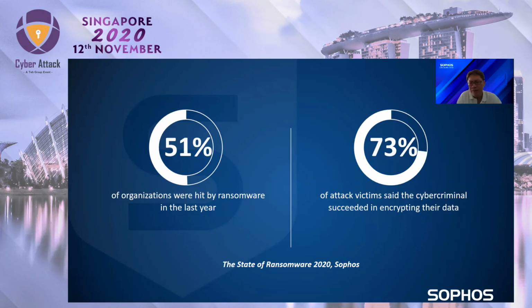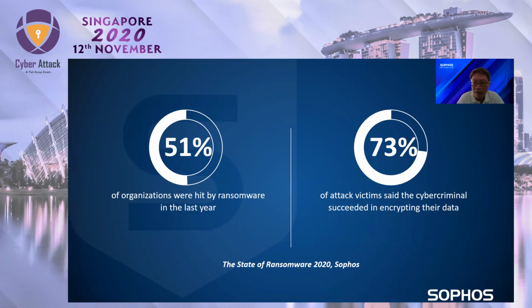The other scary number is the 73% on the right-hand side: the attack was successful in that data was encrypted. So customers are left in a dilemma of getting the data back through their backup, if they have a recent backup, or probably having to pay the ransom to get the data back. These are just some of the numbers.